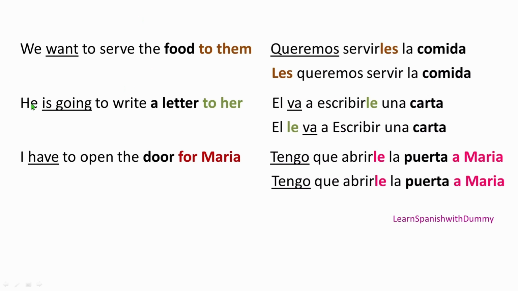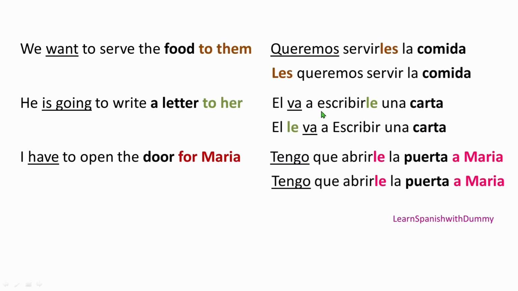Alright, so next is, he's going to write a letter to her. So it'll be, él va a escribirle una carta. Él va a escribirle una carta. So for those who are not familiar with this kind of sentence, it's like this. He is él. Él va means is going. Okay, él va, and this "a" is to. Escribir is write.